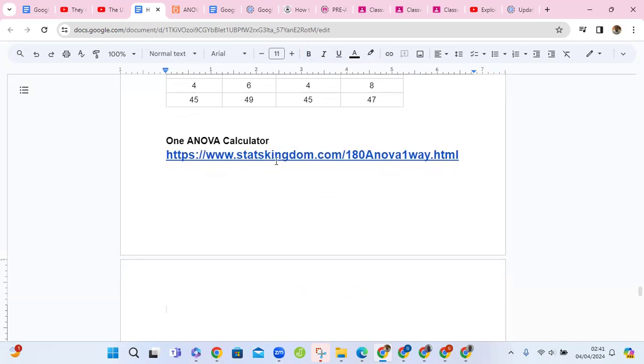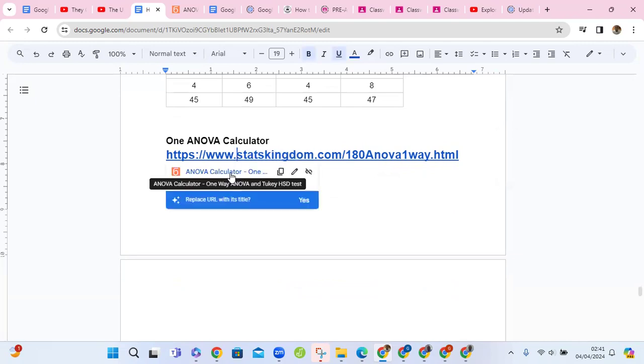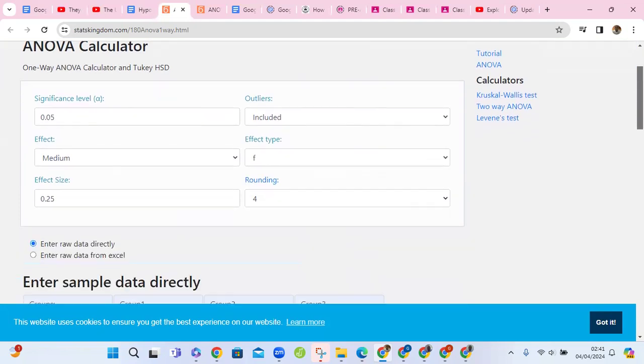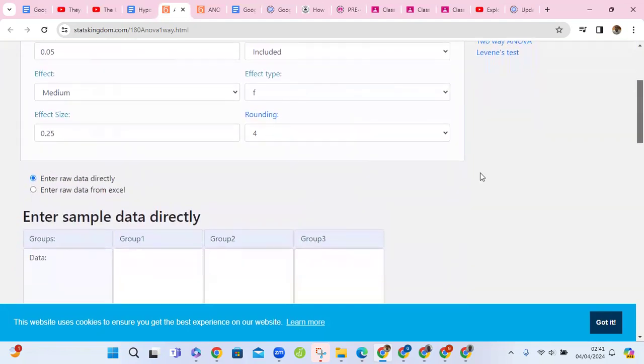And here we have a one-way ANOVA calculator, Statistics Kingdom, free online, and it is asking to state the significance level. Outliers, we can include the outliers, and the effect size 0.25, medium effect, rounded to 4. And we want to enter the raw data directly.